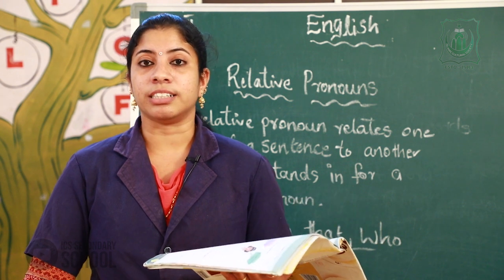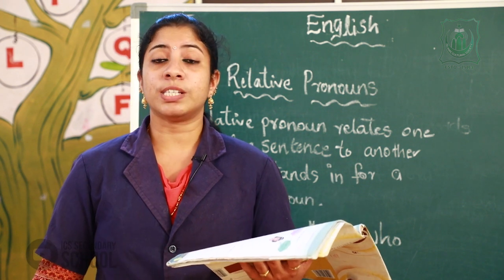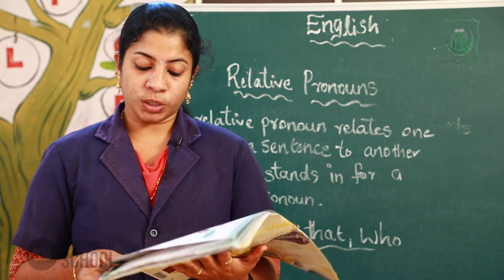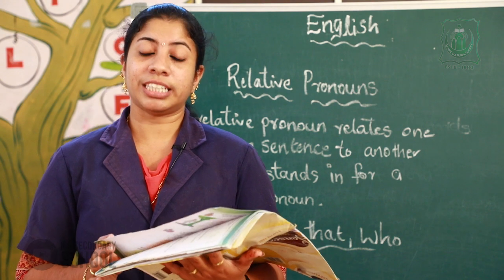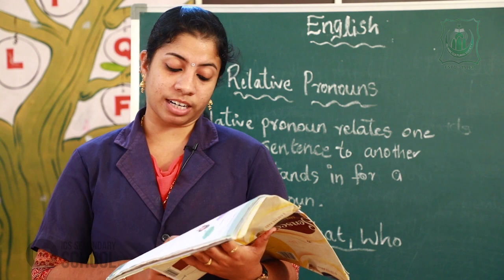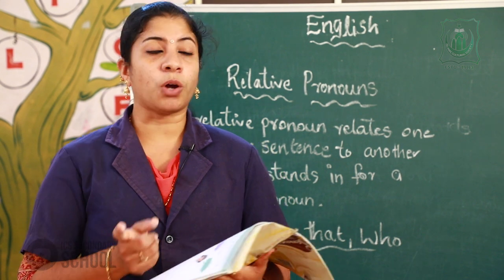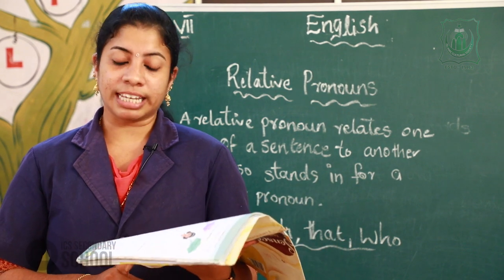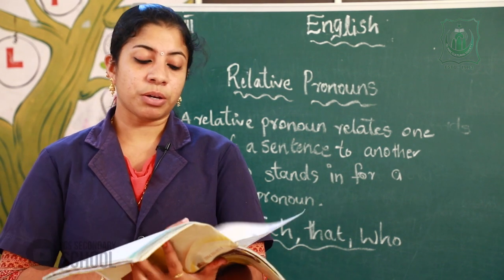I saw a girl who was carrying a basket on her head. Please write these 3 sentences in your notebook with the heading relative pronoun, and complete them by adding the relative pronouns.